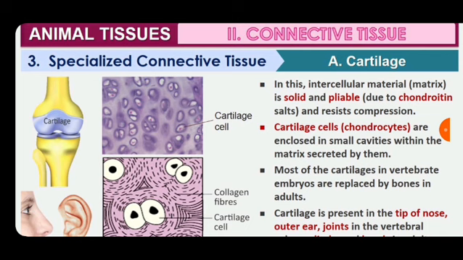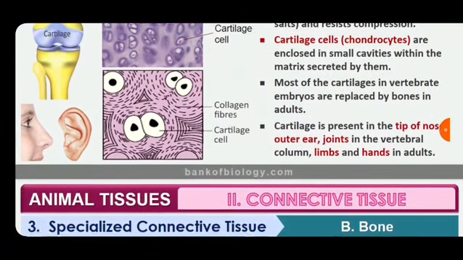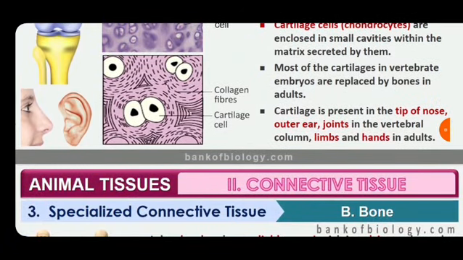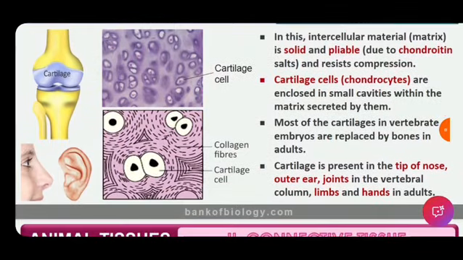In this diagram we are showing the structure of the cartilage. Internally the cartilage shows the matrix and chondrocytes. Where is the cartilage present, or where is its location?